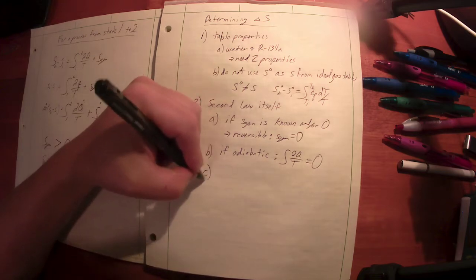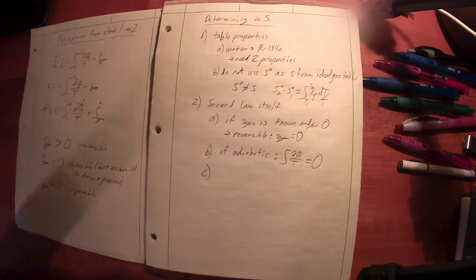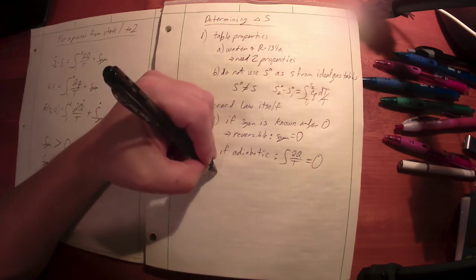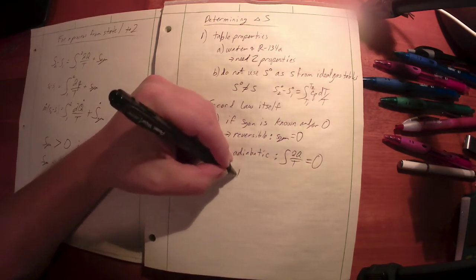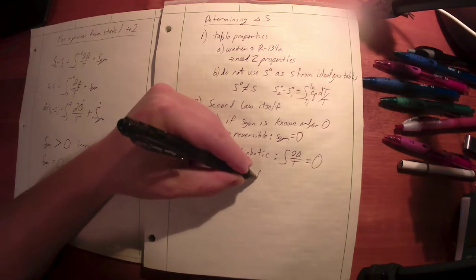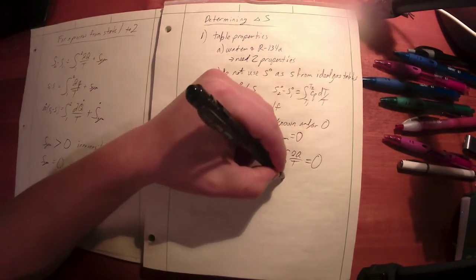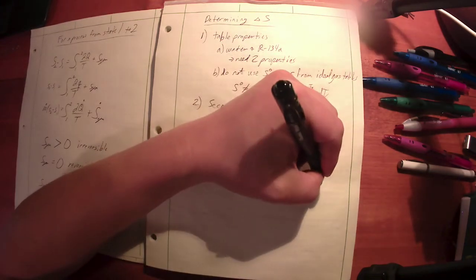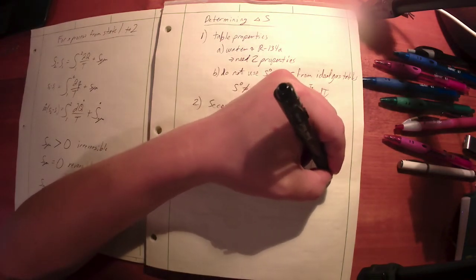There's a third scenario that we might encounter here, where we would use the second law itself to determine delta S. That's if we have heat transfer at a constant or average temperature.